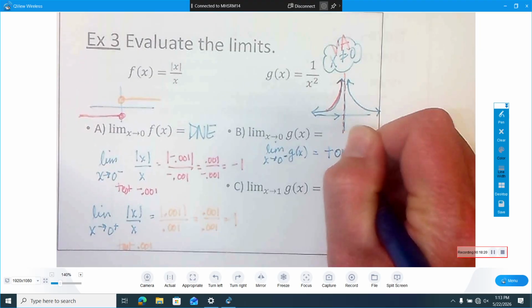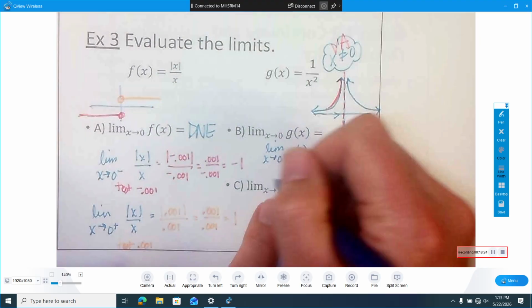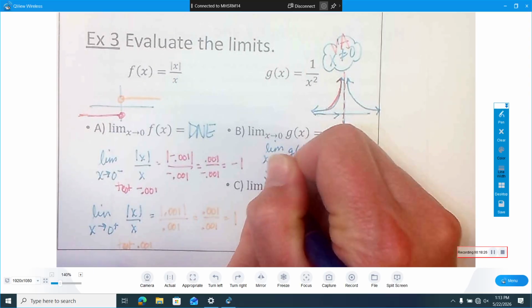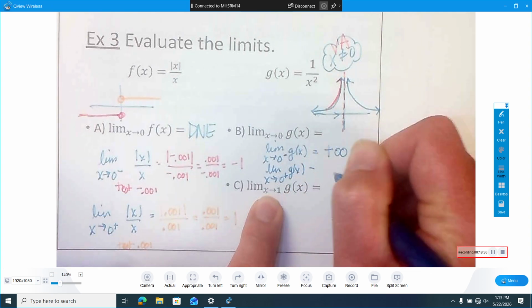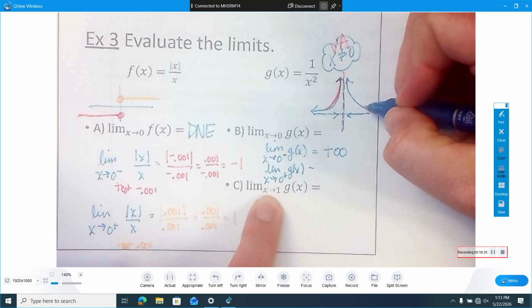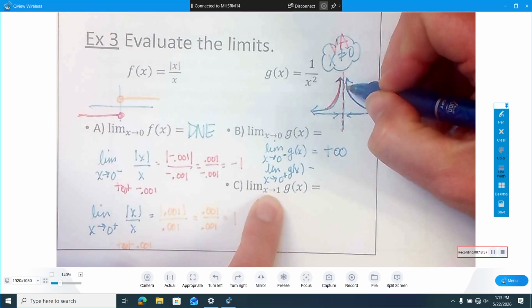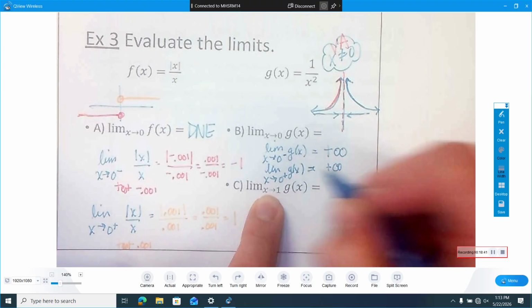Yeah, it absolutely can go to positive infinity. And then what's the limit as x approaches 0 from the right-hand side? So from the right, we're coming in on the right side, approaching 0. We're driving along the function, and it's also going to positive infinity.